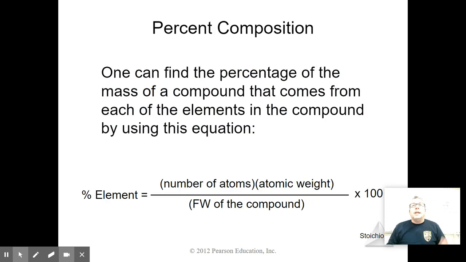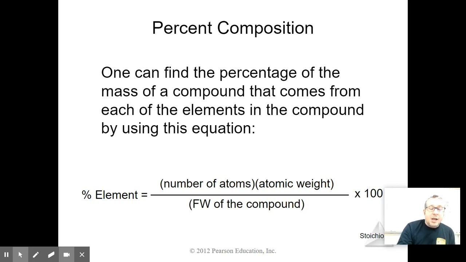The last thing we're going to talk about is percent composition. We can find the percent of mass of a compound that comes from each of the elements in the compound by using the following equation. I'm going to write this down on my dry erase board so we can come back to it. Percent element: the percent of the element equals the number of atoms multiplied by the atomic weight of that particular atom, divided by the overall formula weight of the compound.